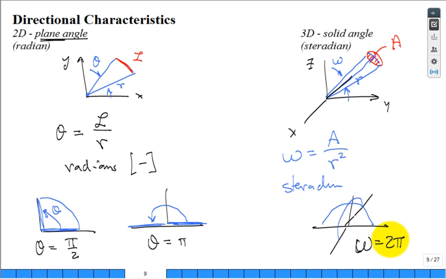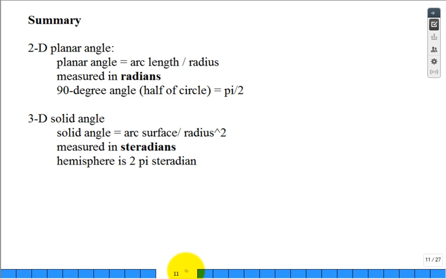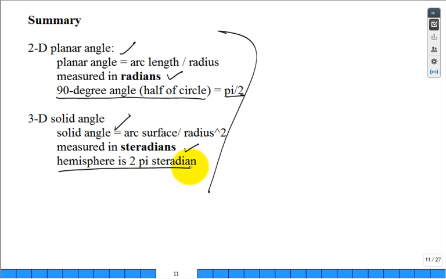Got it? We did that last time, right? Very good. So that's our summary. Again, radians versus steradians. Planar angle versus solid angle. What is it for half of a circle? What is it for half of a sphere, hemisphere? 2 pi steradians.